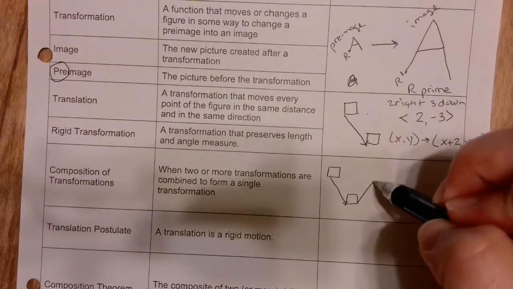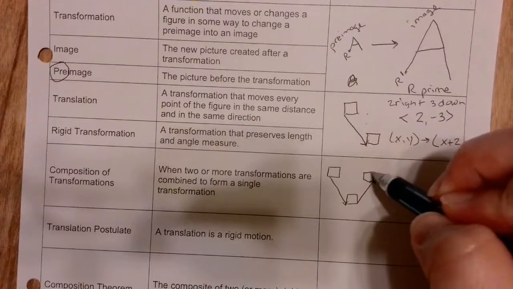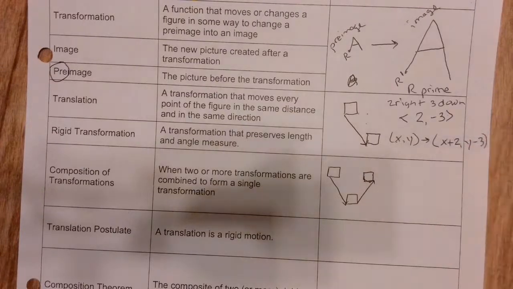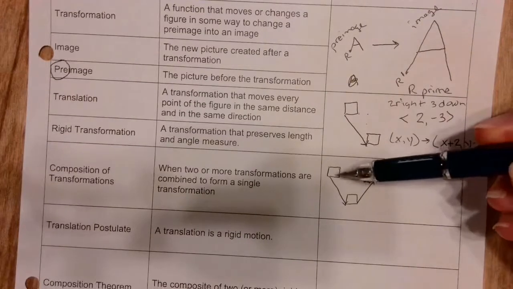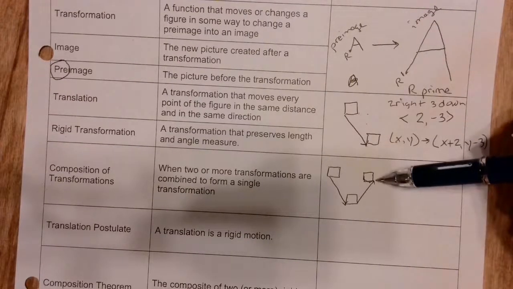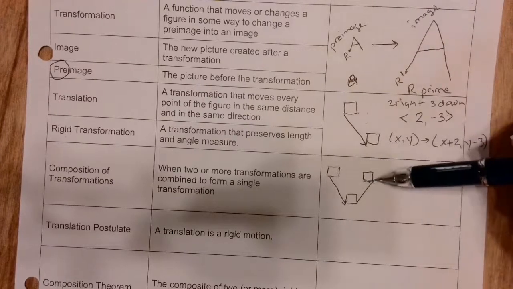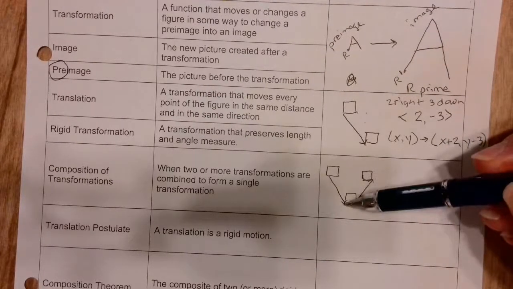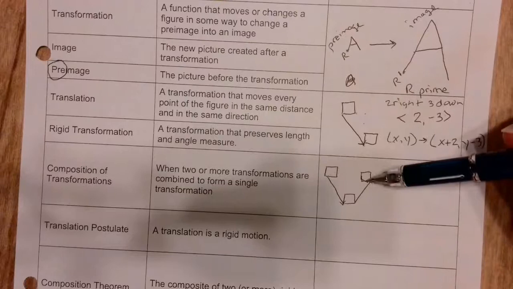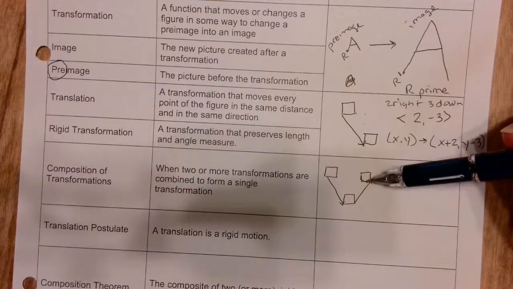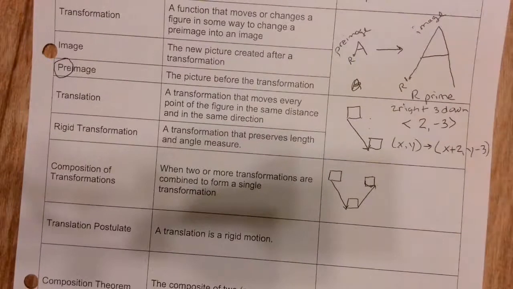But then we take that square and we move it up here. This is a composition, because instead of going from step 1 to step 2 to step 3, we could have essentially skipped the middleman and gone straight from the beginning to the end. It's multiple transformations put together.